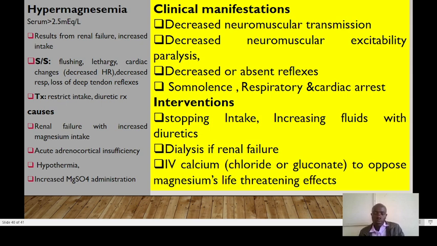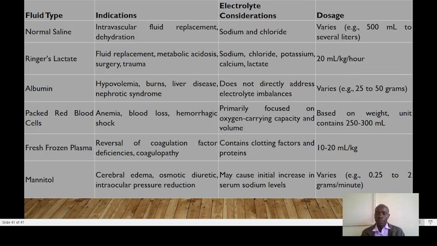Interventions include stopping the intake, increasing fluids with diuretics, and dialysis if there is renal failure. Calcium gluconate will try to oppose the life-threatening effects of magnesium in that case.